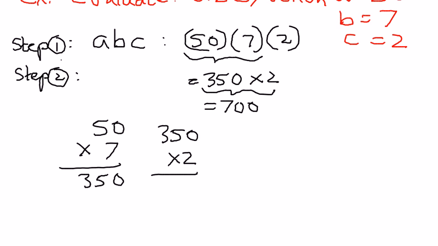Then we take the product of the first two numbers and multiply it by the last number. 2 times 0 is 0, 2 times 5 is 10, 2 times 3 is 6, plus 1 is 7.